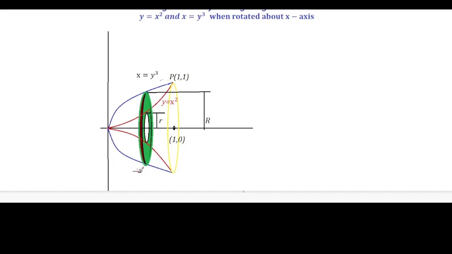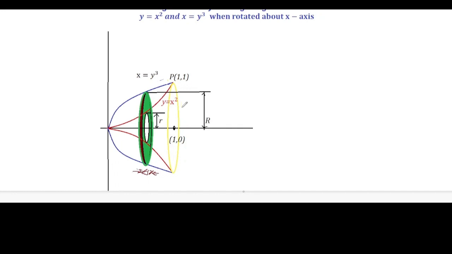So this portion we can take as delta x. Now if we look at the radius, the disks actually have two different radii. One is the inner radius r and the other is the outer radius capital R.